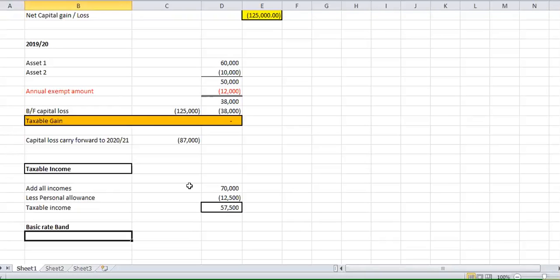As the name explains by itself, basic rate band. This is a band, this is a level of tax in which rate of tax is comparatively lower. And this level has a fixed amount of £37,500.